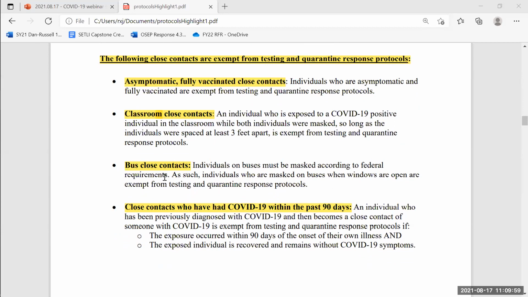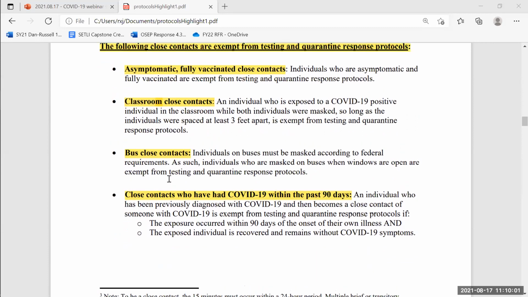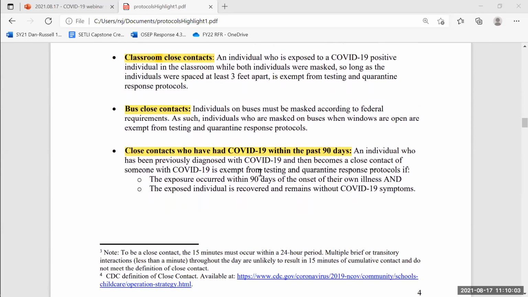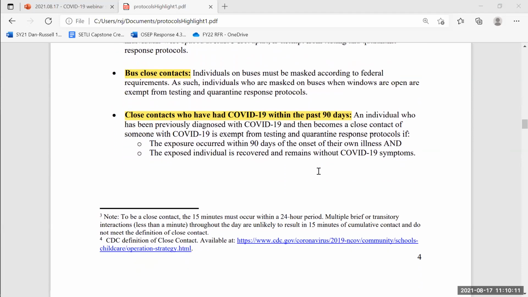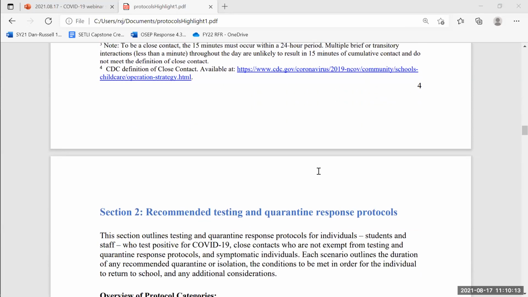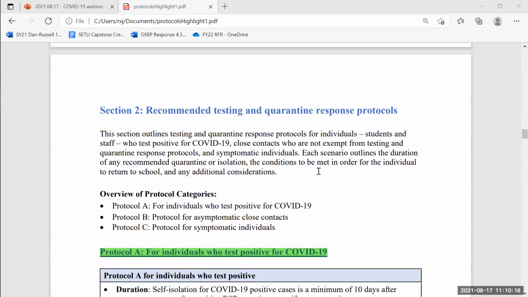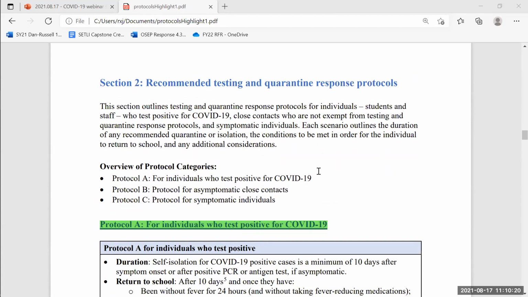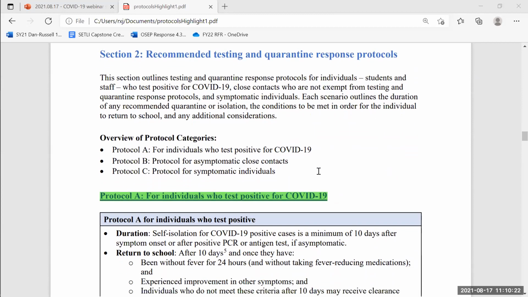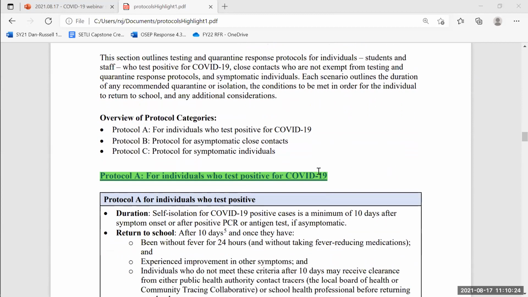Bus close contacts do not have to quarantine, and anyone who's had COVID-19 within the past 90 days and is determined to be a close contact also does not need to quarantine. So again, I hope that's helpful. Just remembering, there are a few key categories of individuals there, and being ready to respond according to how they might fall within those responses to close contacts.